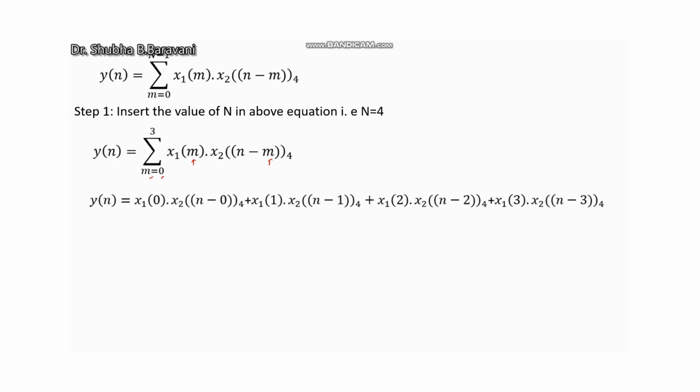So first is x1 of 0 as it is, x2 of n minus 0 to base 4. Plus, in place of m, we substitute 1: x1 of 1 into x2 of n minus 1, base 4.